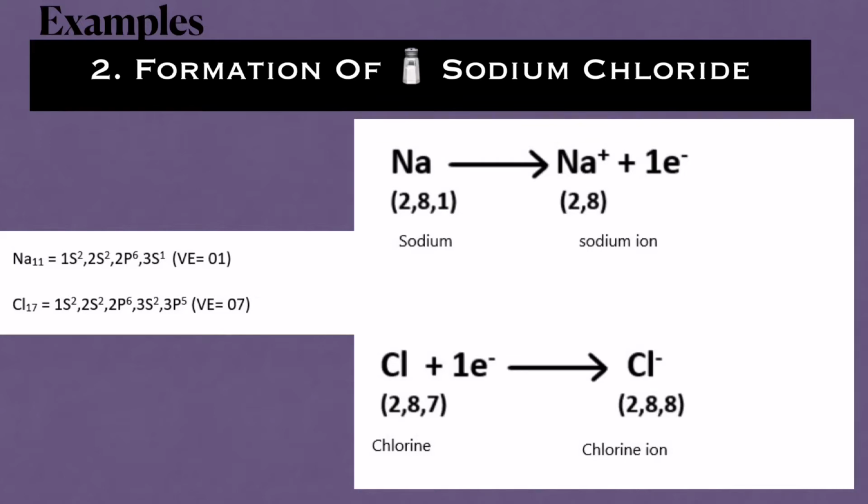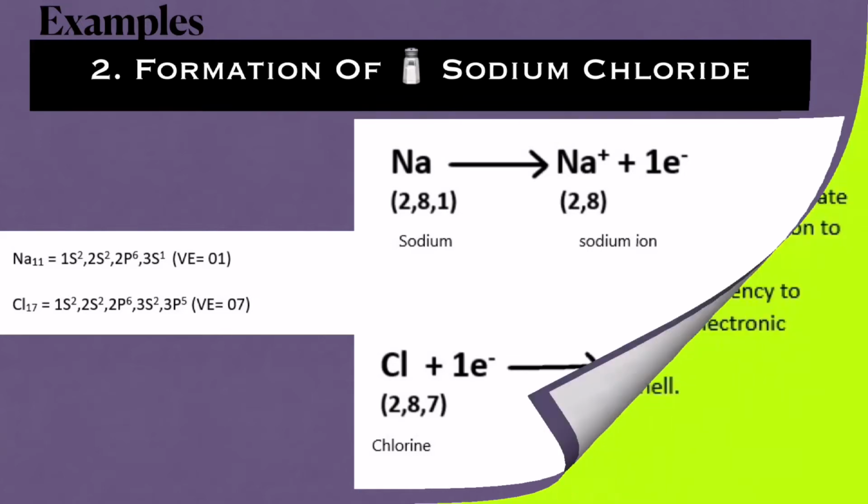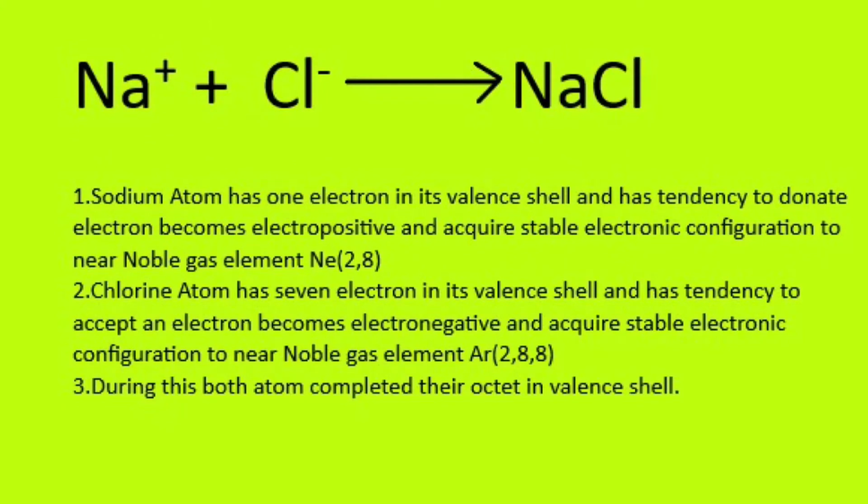Sodium atom has 1 valence electron in its valence shell, and it has a tendency to donate the electron and become electropositive, and it acquires the stable electronic configuration of the nearest noble gas neon by donating its 1 electron, while the chlorine atom has 7 electrons in its valence shell, and it has a tendency to accept an electron and become an electronegative element, to acquire the stable electronic configuration near to argon, that is atomic number 18, 2, 8, 8 will be the valence electronic configuration.